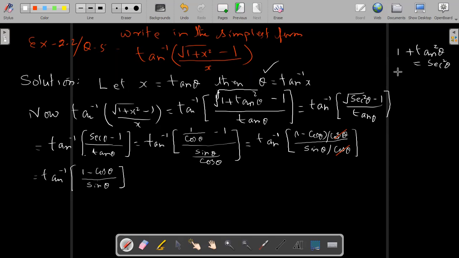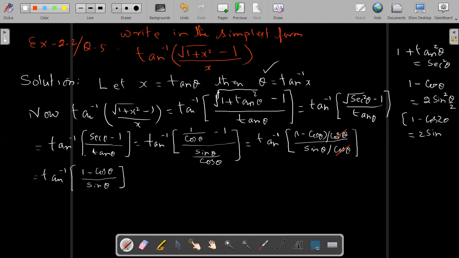Now the next formula that we will use: 1 minus cos theta is equal to, if you remember, 2 sine square theta by 2. This is coming from cos 2 theta. Actually, we did 1 minus cos 2 theta is equal to 2 sine square theta.